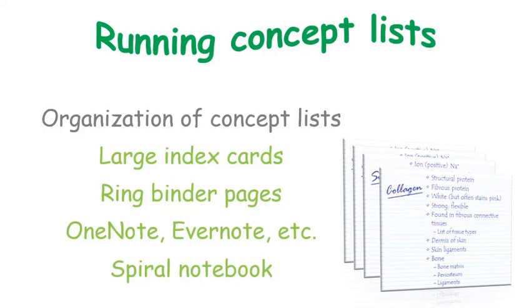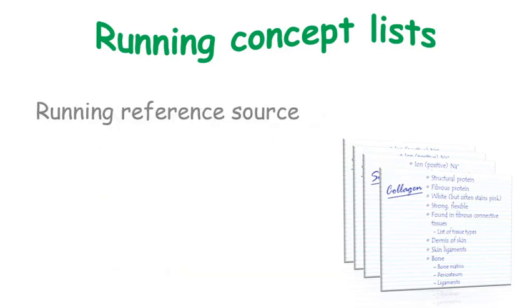The problem with doing it that way is that you can't rearrange them in alphabetical order or any other kind of order that will help you find them again. So it adds a level of frustration that doesn't need to be there. So that's why I recommend the ones that are listed at the top of my list rather than a spiral notebook. Now, as I mentioned a moment ago, this becomes kind of a running reference source.